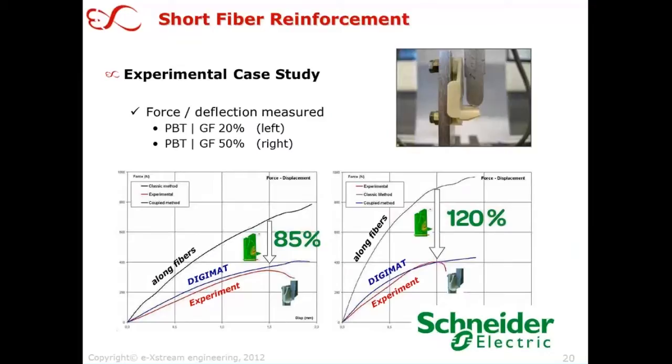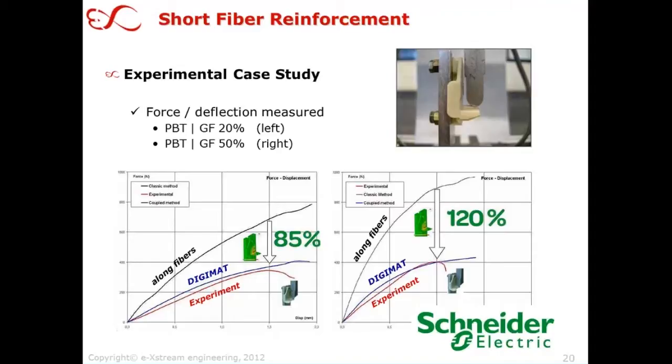They compare the simulation for material properties, an isotropic material model derived from an injection molded plate, and this is the black curves that we look at. The blue curve is a simulation using a DIGIMAT material model, so fully anisotropic, and the red curve is the experimental curves, and they have compared that for a glass fiber filling of 20% and a fiber filling of 50%. And it's very interesting what we see here.